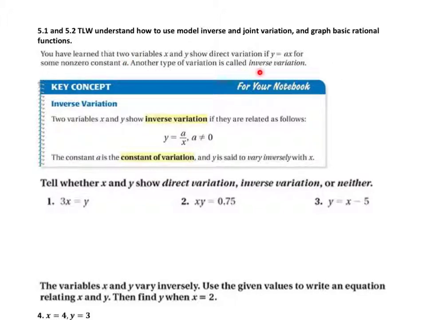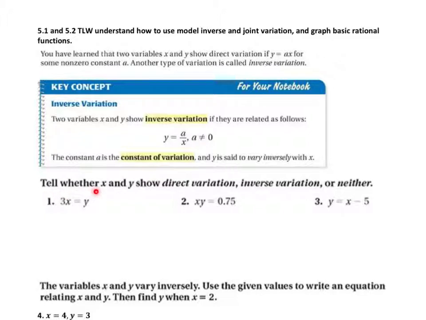Another type of variation is called inverse. Two variables x and y show inverse variation if they are related as follows: y equals a divided by x, where a cannot equal 0, non-zero. The constant a is the constant of variation, and y is said to vary inversely with x.